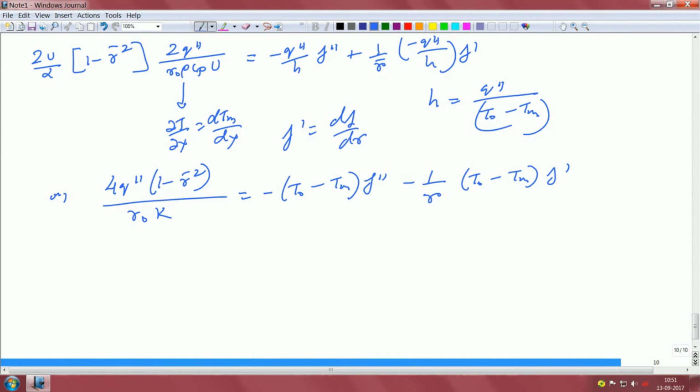And you can also introduce Nusselt number in the mix, because Nusselt number is given by, as you know, h d by k. Based on that, we can write the full equation now. I will do one more step so that you get a feel.